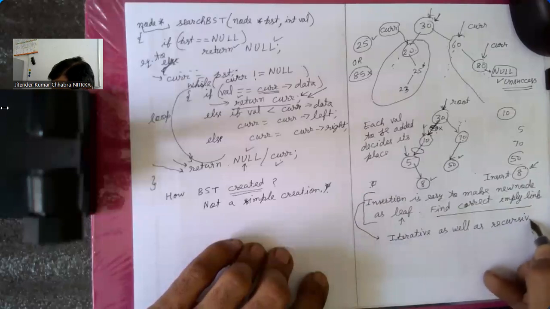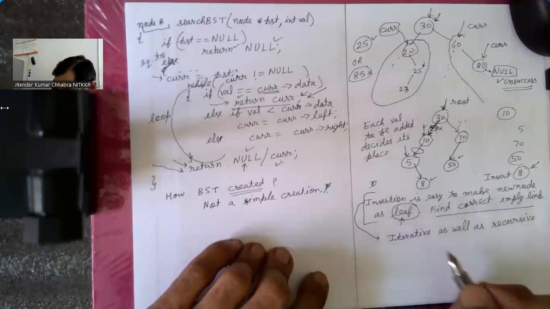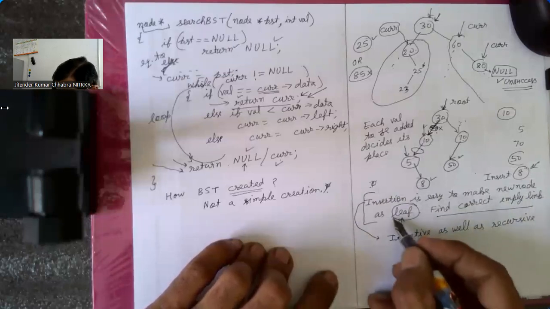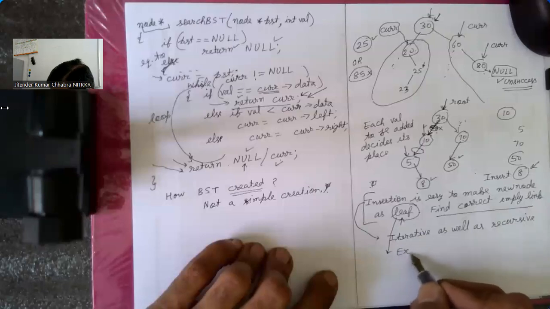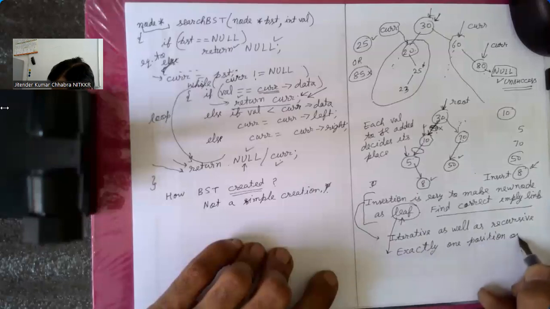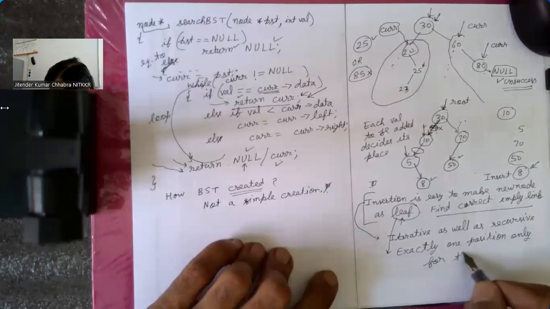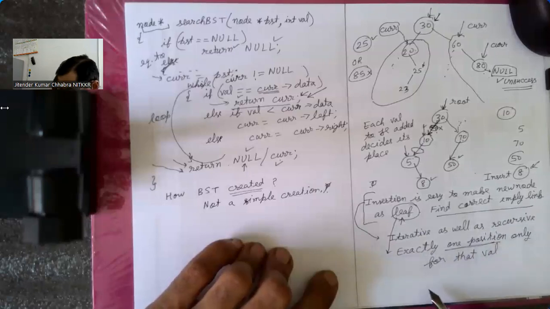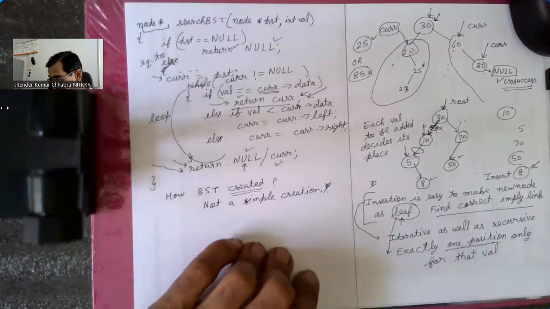But one thing is clear, making it a leaf makes things easy. If it is to be inserted as a leaf, for that particular value, exactly one position exists. I will reach that position and insert at that point.